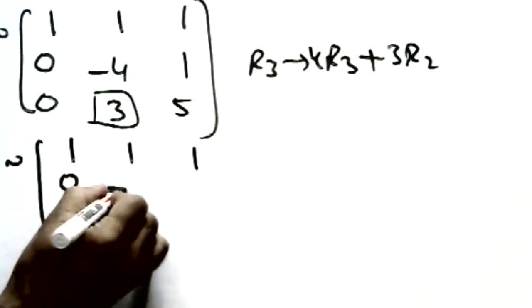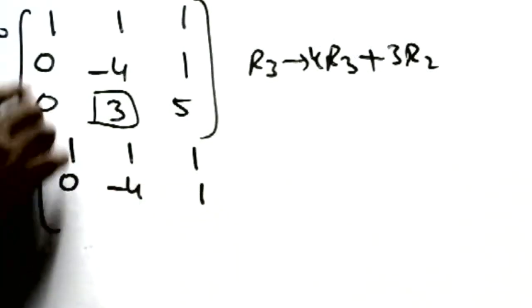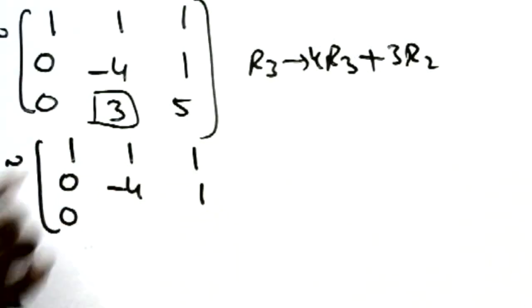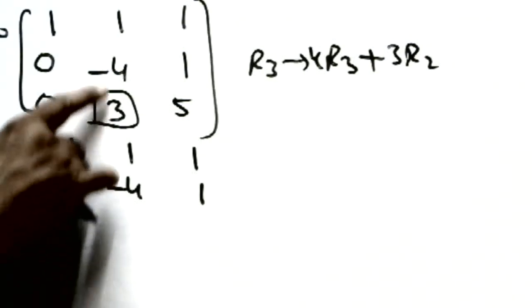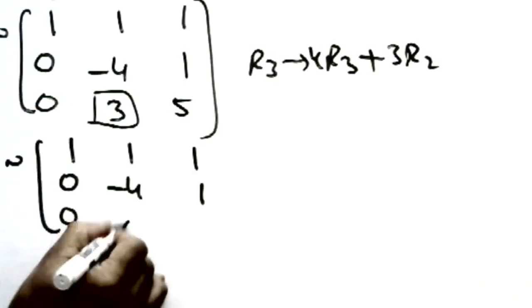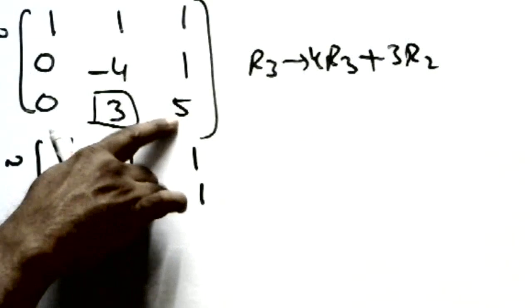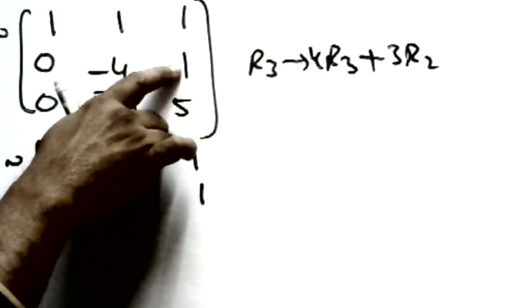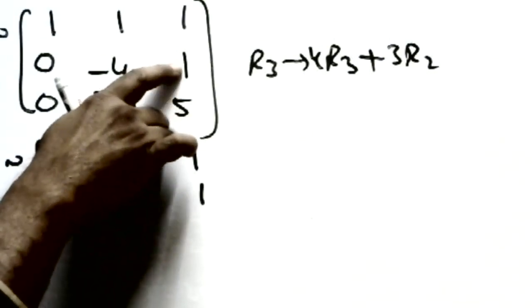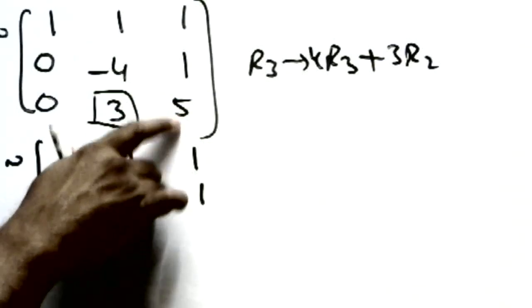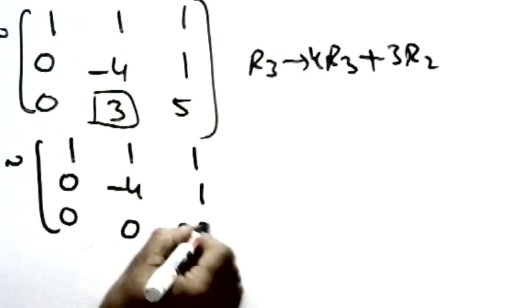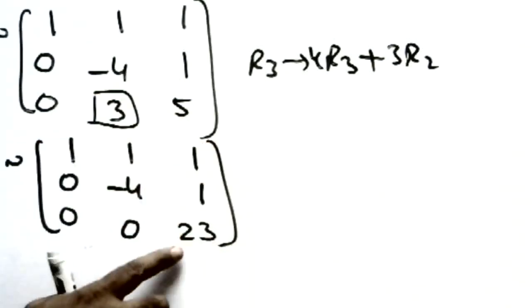We are not changing the first row: 1, 1, 1. Second row: 0, minus 4, 1. Third row: 0 remains 0; 4 times 3 is 12, 3 times 4 is 12, minus 12 is 0; 4 times 5 is 20, and 3 times 1 is 3, so 20 plus 3 is 23.